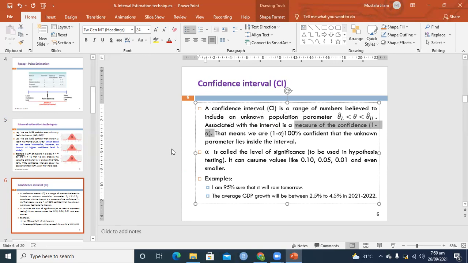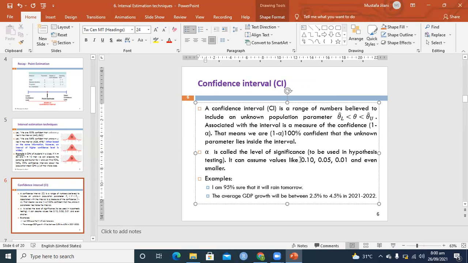So 1 minus alpha can be 0.90, 0.95, 0.99. And if I multiply it by 100, it will give me 90%, 95%, 99%. We do not try below 90%, and usually we do not have to test above 99%. So these values are suitable when we are in undergraduate studies.